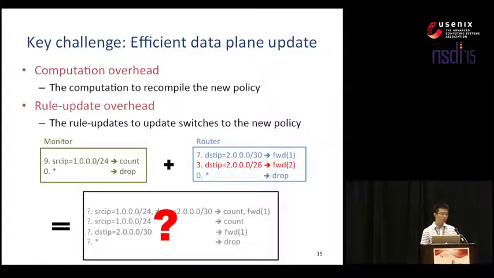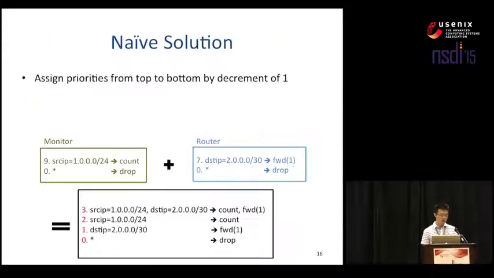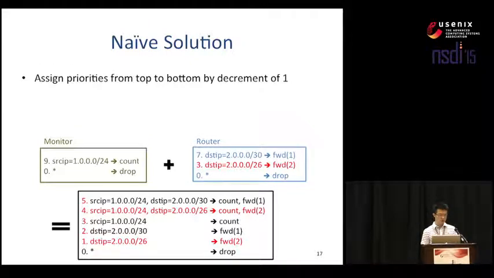First, let's take a look at a naive solution, which simply assigns priorities from the top to the bottom by a decrement of 1. So the first row gets a priority of 3, and the last row gets a priority of 0. Then when we insert a new row into the router policy, it has to recompute the entire policy from scratch, because it needs the relative location of the rows to determine the priority for each row.